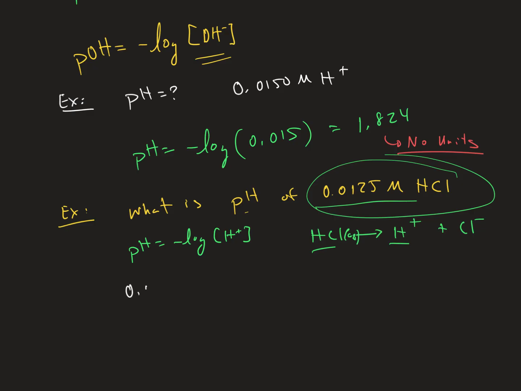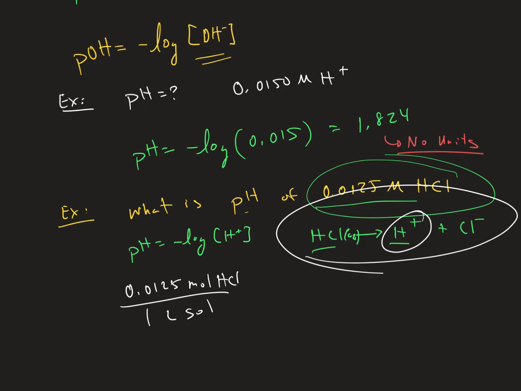We have 0.0125, and I'm going to change molarity to moles of HCl per 1 liter of solution. This is all the same solution, right? The volume's not going to change. You with me? So now I want moles of H plus.